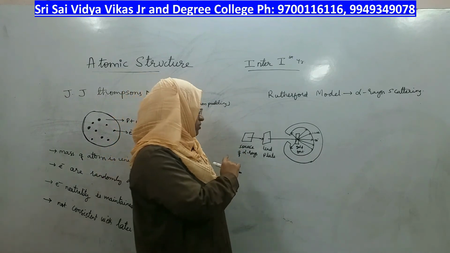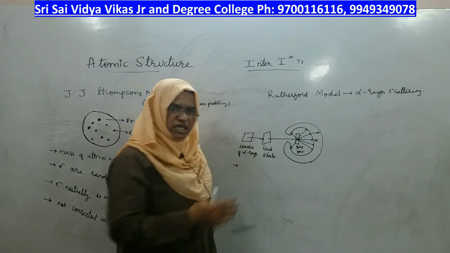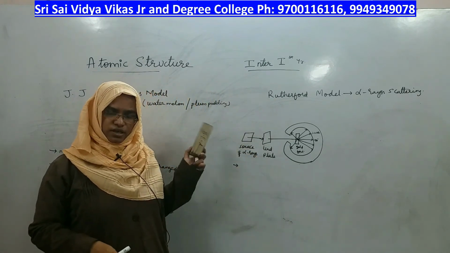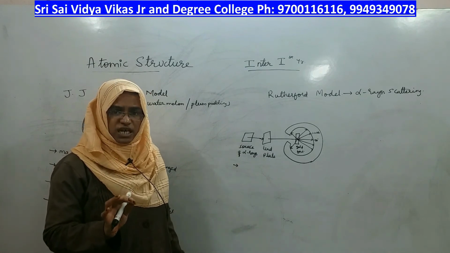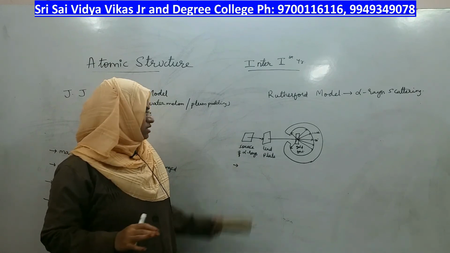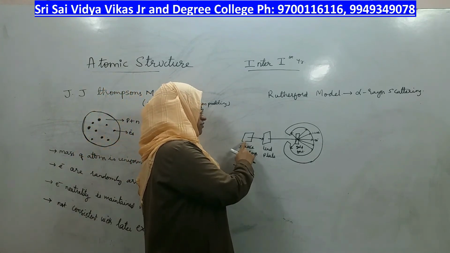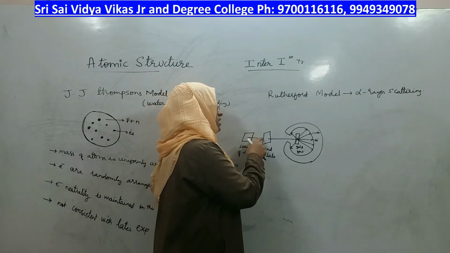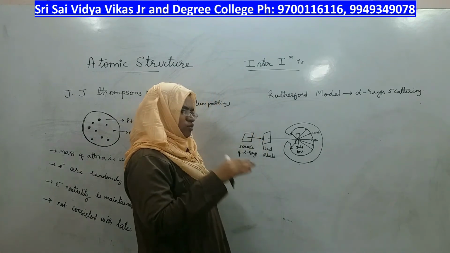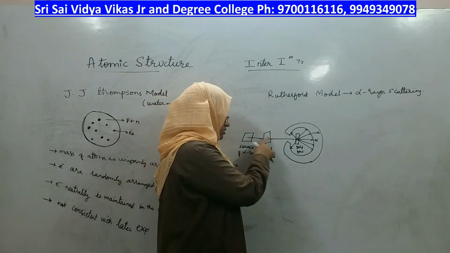He first took a source which provides alpha rays, and I have already told you that alpha rays are positively charged high speed rays. Alpha rays are generated from a source, come out of the source and strike the lead plate. The moment they strike the lead plate, their speed is accelerated further.